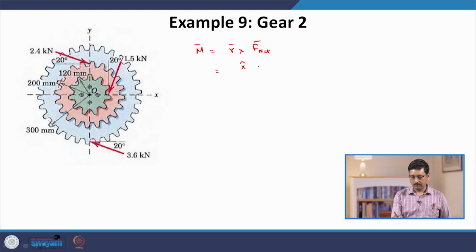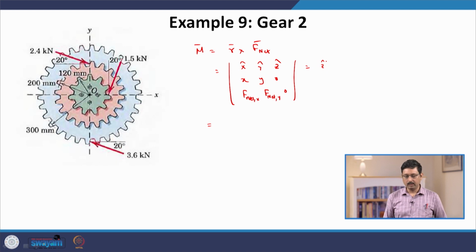So, we take the cross product, and okay, let me write it here. You can verify there will be only a z component; the x component and y component will both be 0.